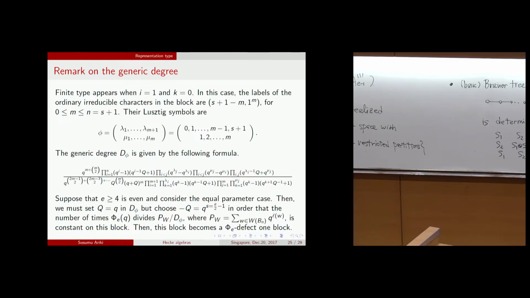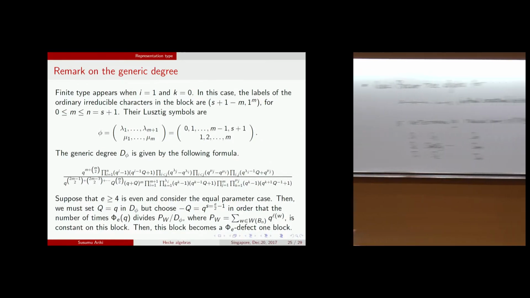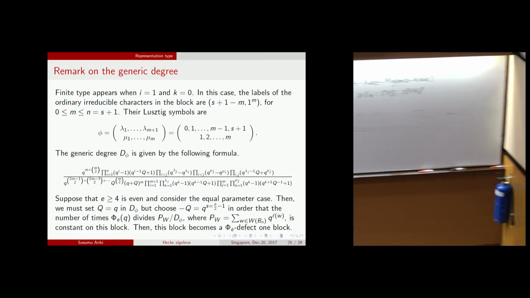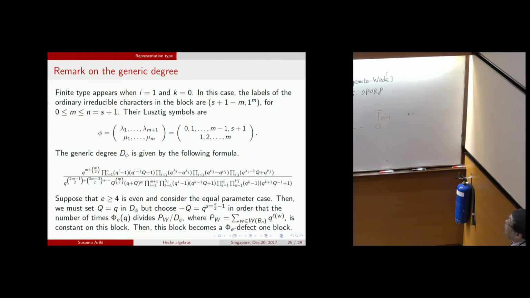And in this case, the labels of the ordinary characters in the block are of this form, so bipartitions. And for m between 0 and n, etc. And the Lusztig symbols are given like this. And the generic degrees are given by the following formula. And then a note on the result of Hecke, the title is Brauer trees of Hecke algebras.